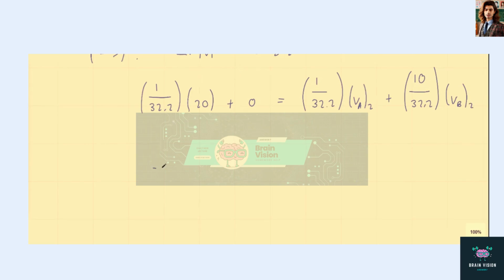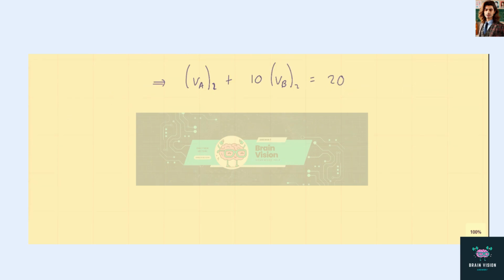So if we rearrange this equation and we simplify, we get that the final velocity of the ball plus ten times the final velocity of the block, VB2, is equal to 20. So that was after applying the conservation of momentum.